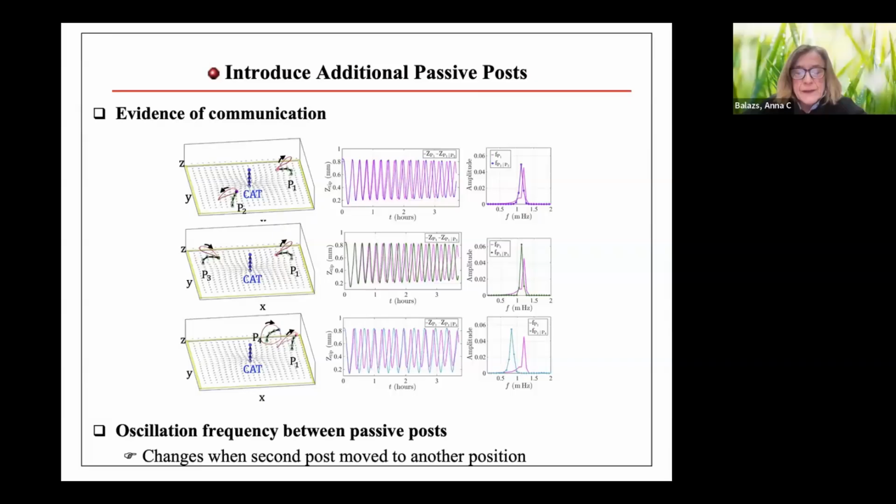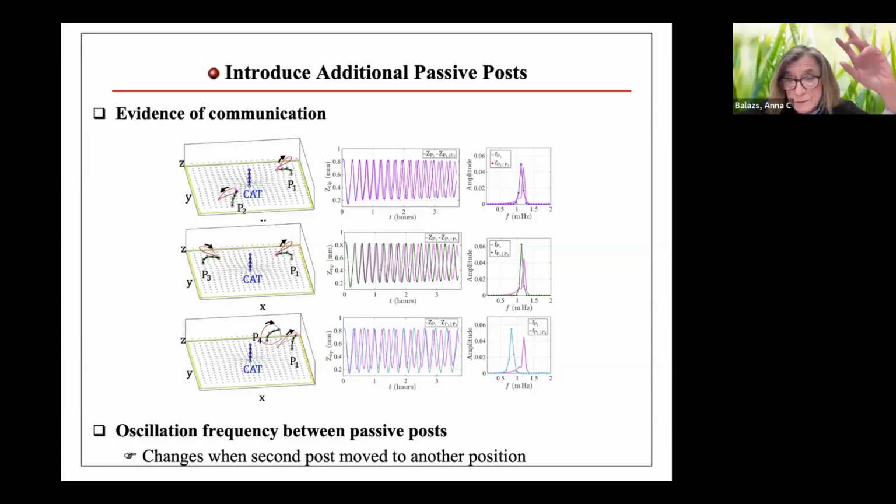I'm getting close to the end, because I would like to show you that these inactive objects really communicate with each other. So I have one catalase in the middle, and everything that's labeled P is passive. I think I'm keeping P1 fixed, but I move around the others. They're sort of gauge bees. And I look at what happens when I move them with respect to each other. Now remember, they're passive. I can see that depending on their position, the frequency of oscillation changes.